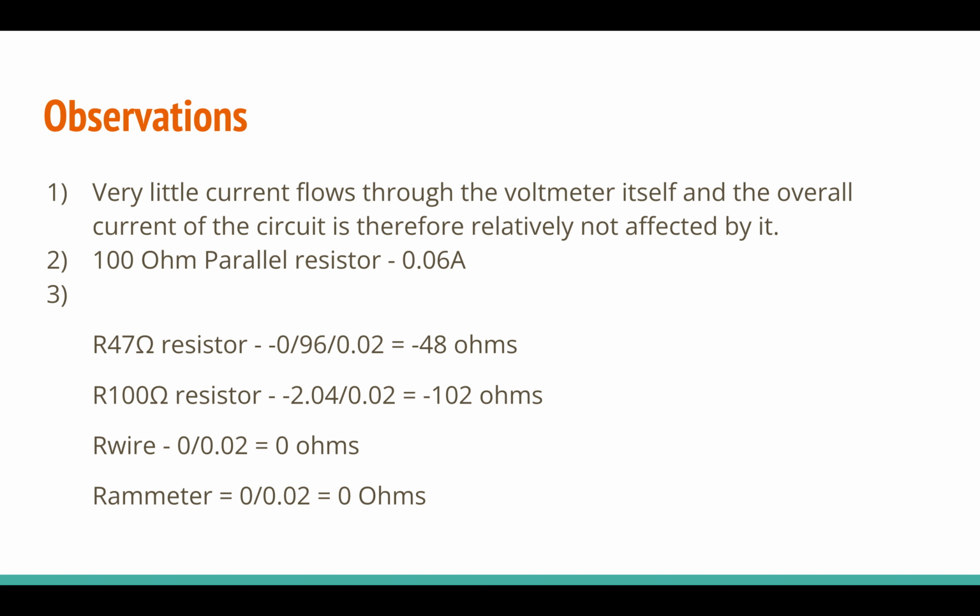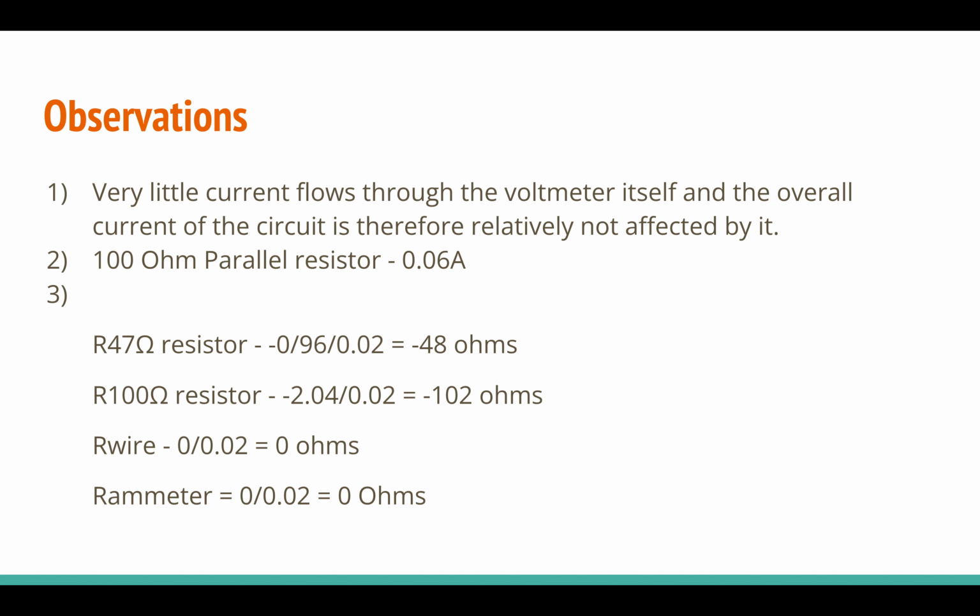And the current we measured through the 10 ohm parallel resistor was 0.06 amps. The resistance through the 47 ohm resistor we calculated to be negative 48 ohms. The resistance through the 100 ohm resistor we calculated to be negative 102 ohms. And the resistance through the overall wire, since the difference in the voltage is 0 throughout, is 0 ohms.